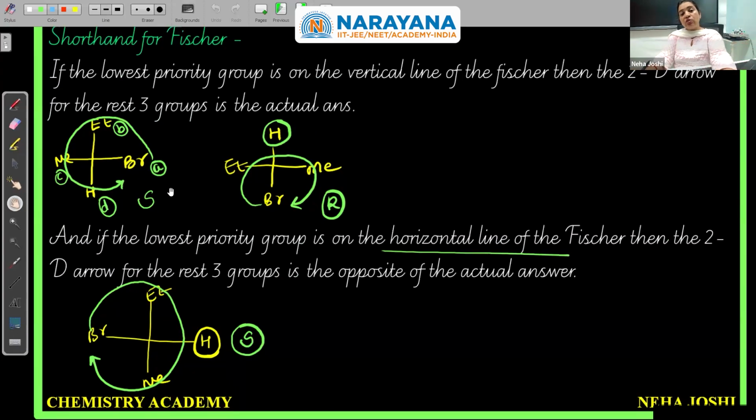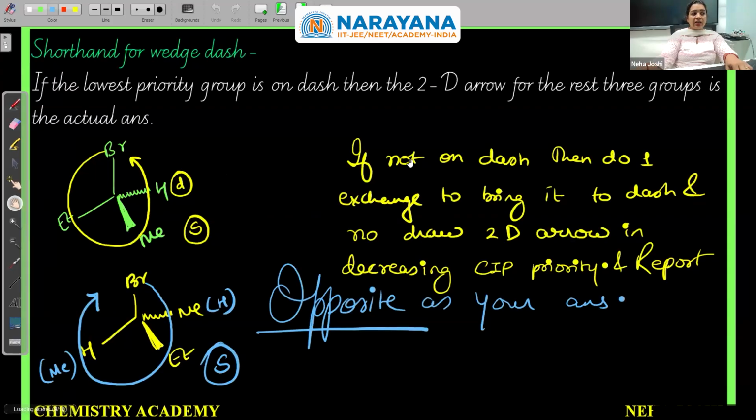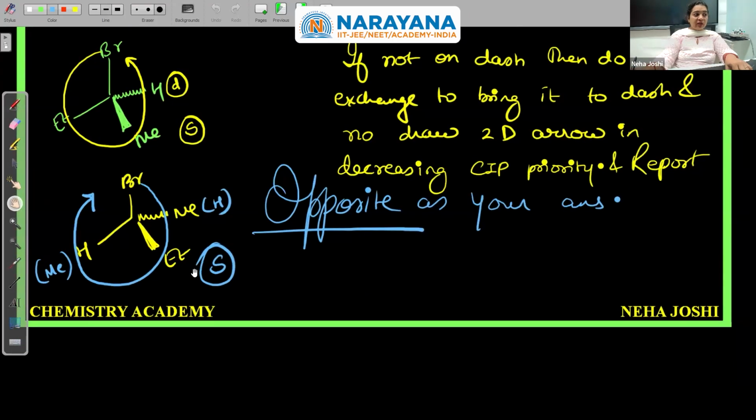If the lowest priority is on horizontal, then the opposite of the two-dimensional arrow is your answer. For wedge dash, as I said, if the lowest priority group is on dash, then the two-dimensional arrow for the rest three is the actual answer. If it is not on dash, then bring it on dash.